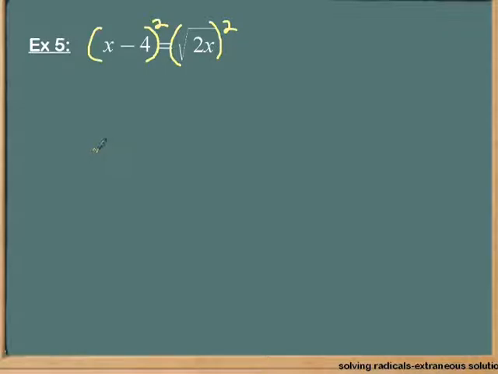That would require us to use the F word. We are going to FOIL. So that would mean that I get x squared minus 8x plus 16. And then these cancel, the index and the power cancel, leaving us with 2x.